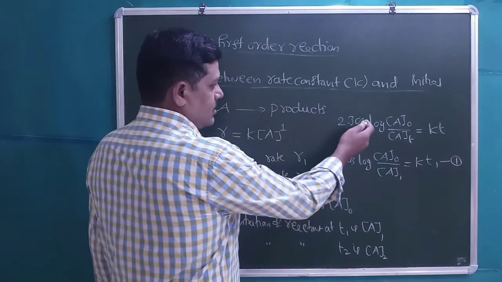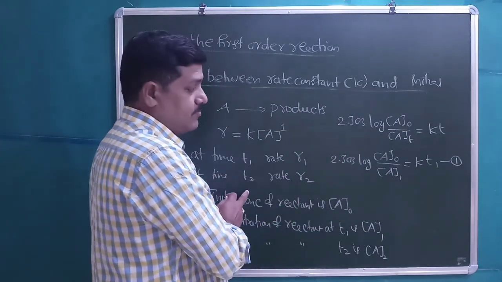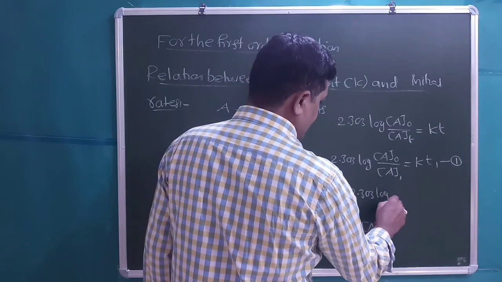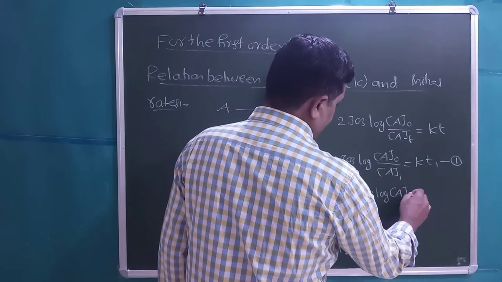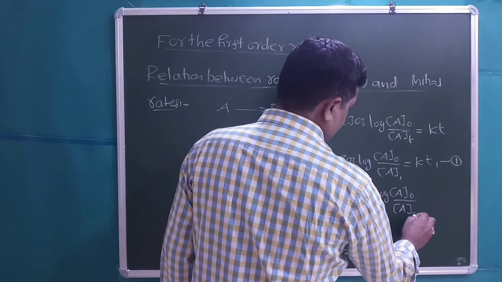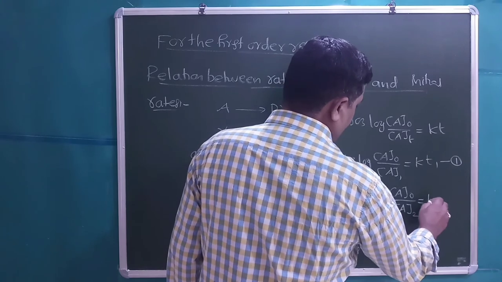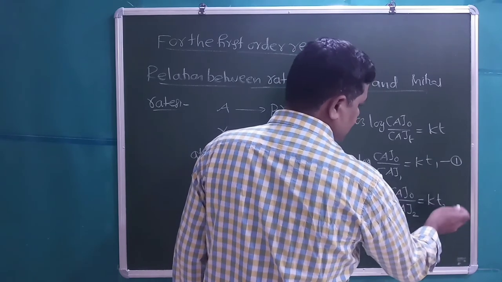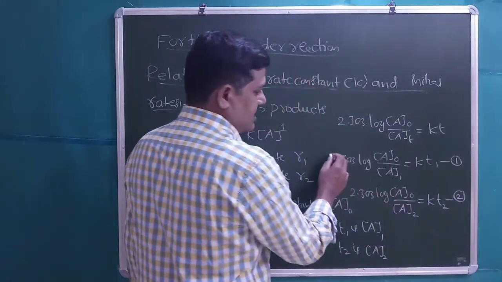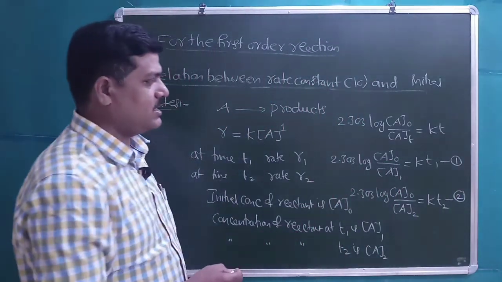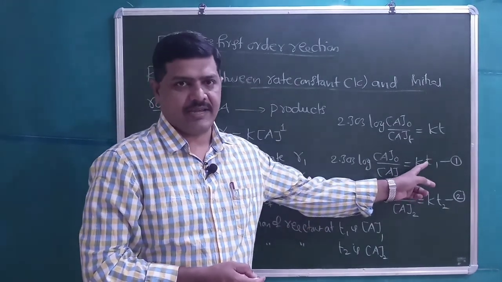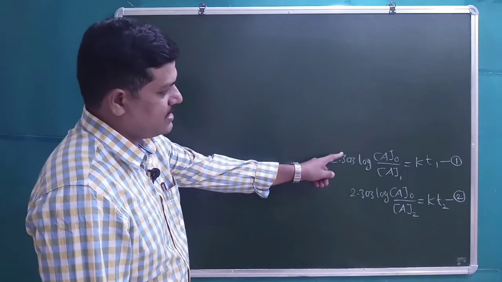Then when we apply it at time t2, we get 2.303 log A0 by A2 is equal to K into t2. So students, we will use these equations and find the relation between the two different rates and the rate constant K.